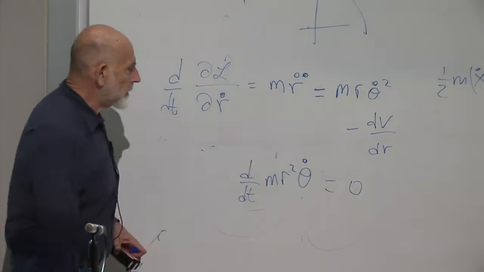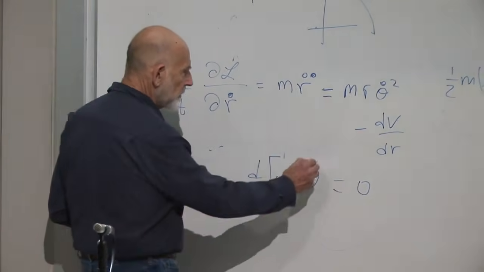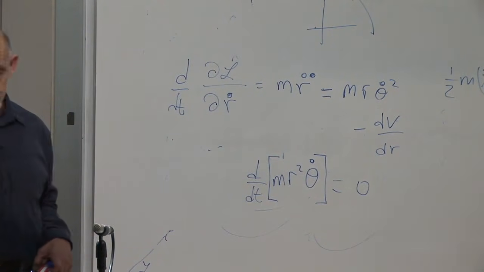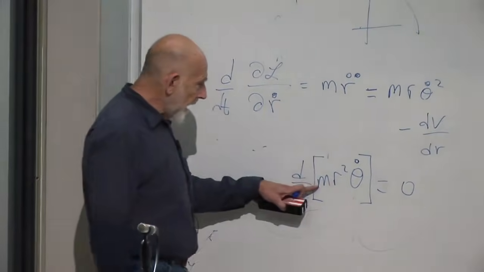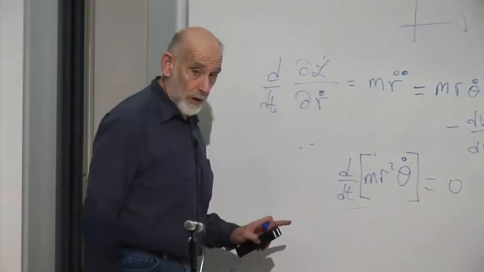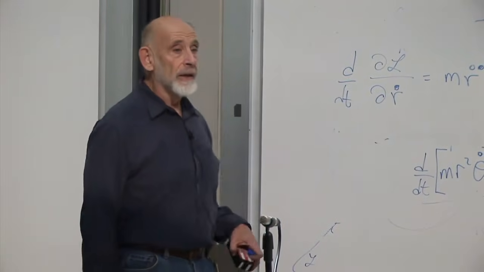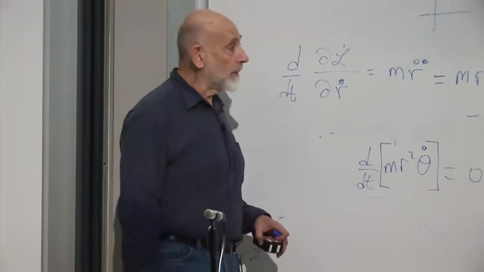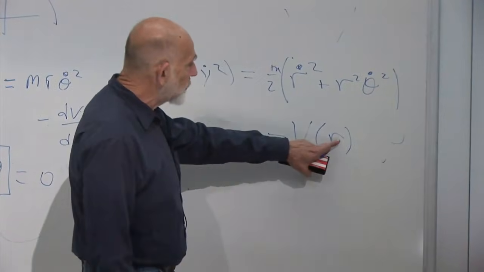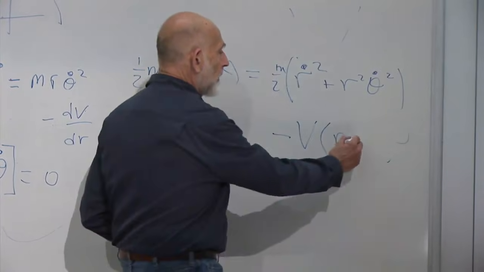This says something is conserved. Here's the conserved quantity right here. Angular momentum. Angular momentum, m r squared theta dot, its derivative is zero. That's the conservation of angular momentum. What did it follow from? It followed from, among other things, assuming that V did not depend on theta.